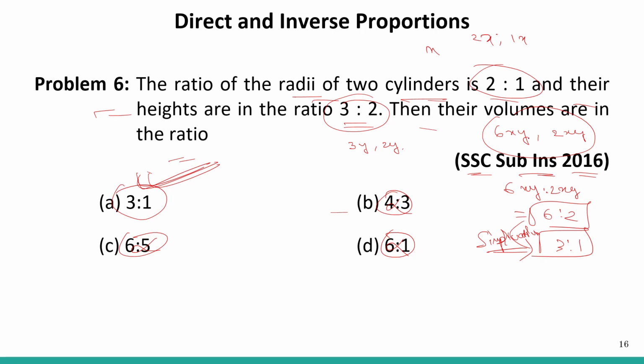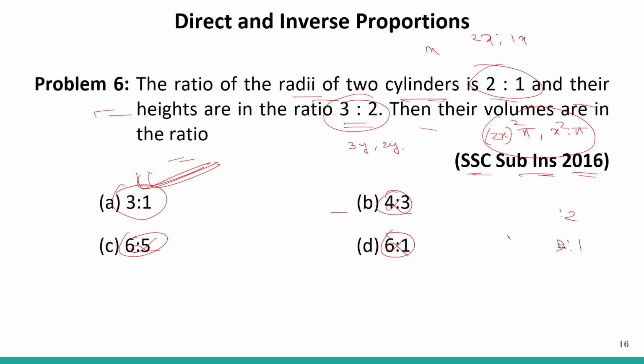So what will this be? Their volumes become pi into 2x square into 3y, and pi into x square into 2y, right? So their volume ratio will become 4 into 3 is to 2.